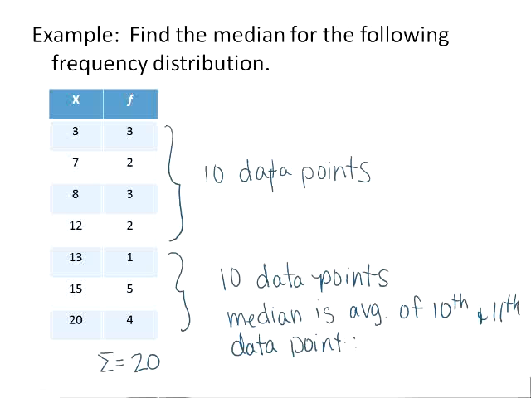So looking at your frequency distribution, the 10th data point is 12. The 11th data point is 13. So we're going to find the average of those two to give me 12.5. So 12.5 is the median for this frequency distribution.